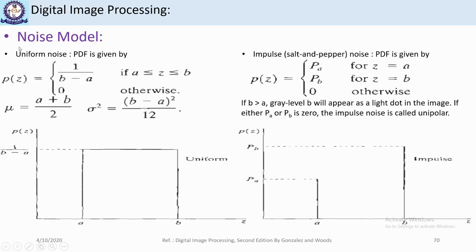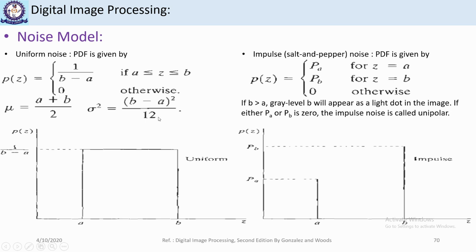Then next comes the uniform noise. The probability distribution of the uniform noise is given by this. It is defined only in the range of z from a to b. From a to b, it is a constant, that is 1 upon b minus a, and otherwise it is 0.